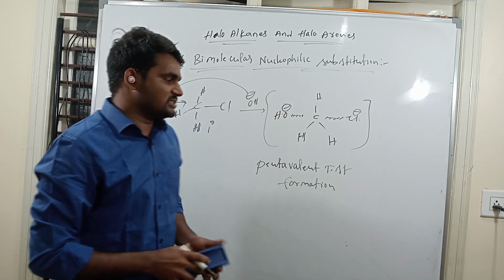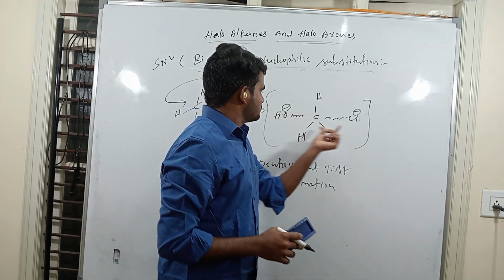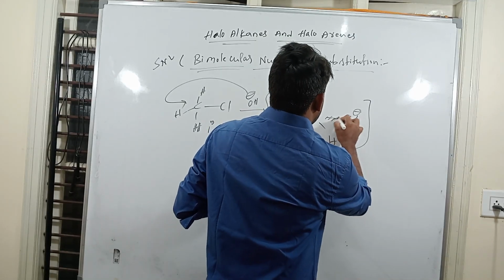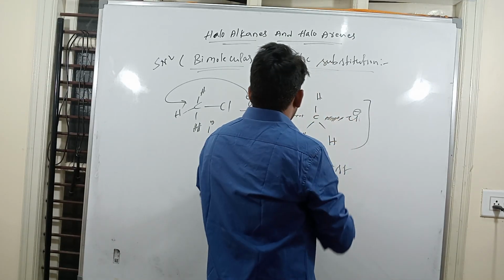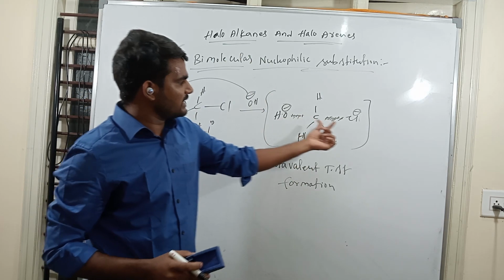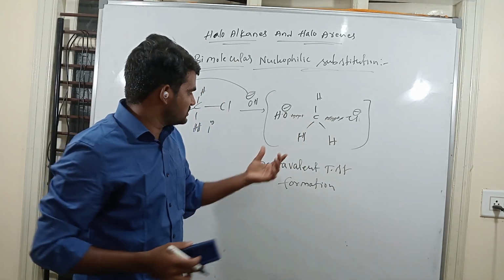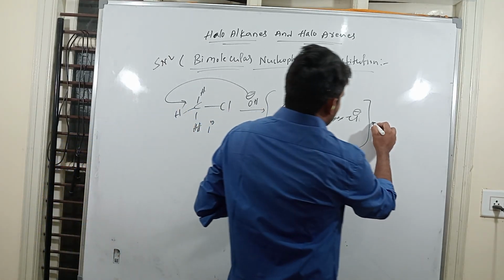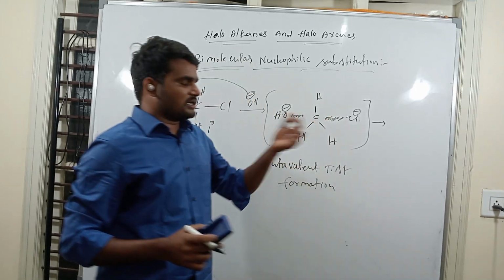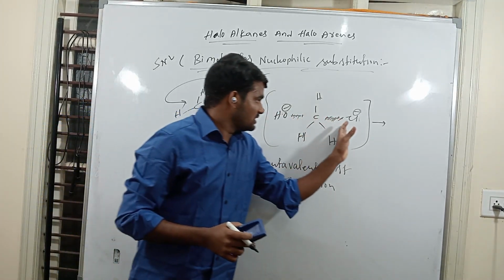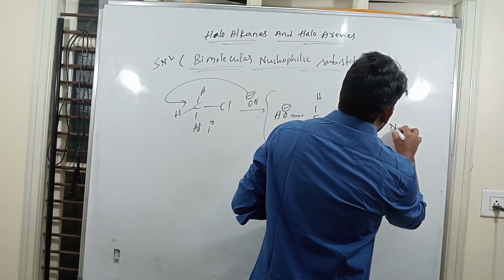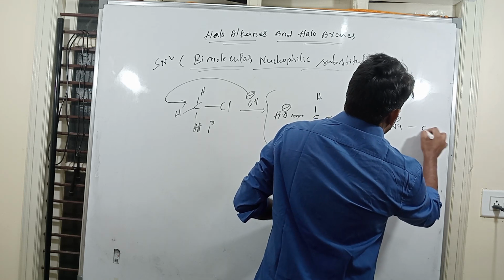The transition state is nothing but bond breaking and bond making happening at one time only. After some time the carbon doesn't keep five valencies, the leaving group leaves, and forms an inversion product.